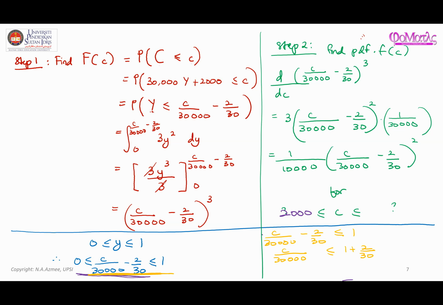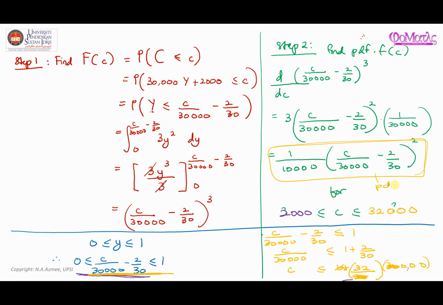Next, C is less than or equal to 1 plus 2 over 30, which is actually 32 over 30, right? 30 plus 2, so 32 over 30 times 30,000. Again, 30 here can be cancelled out with this at the bottom, so C is less than or equal to 32,000.